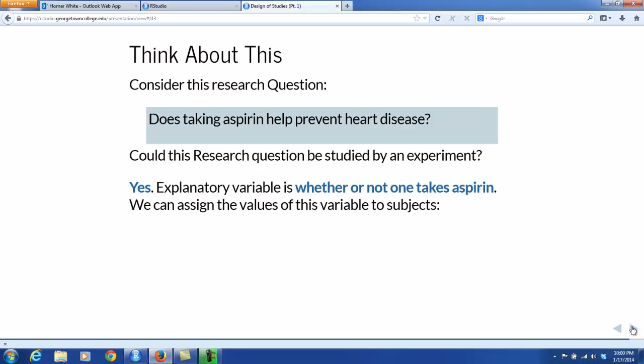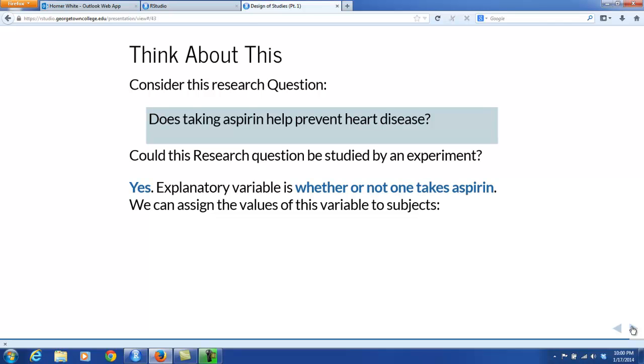Well, this time it seems the answer is yes. The explanatory variable is whether or not one takes aspirin. The response variable is whether or not one has heart disease. And focusing in on that explanatory variable, we ask ourselves, could we assign the values of that, yes or no, to subjects? And it seems that we could.